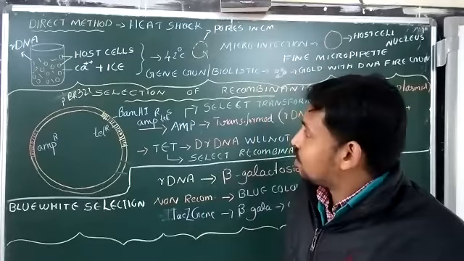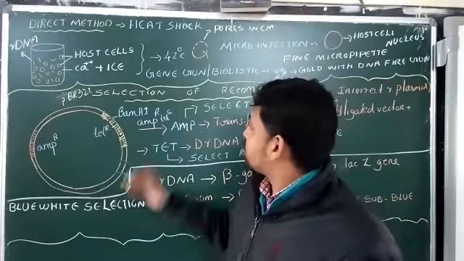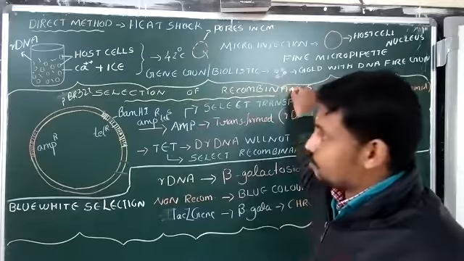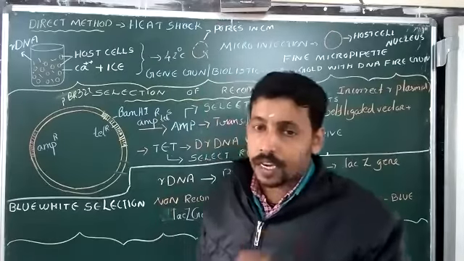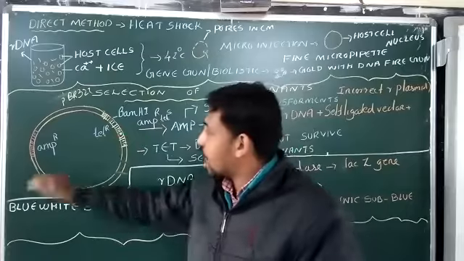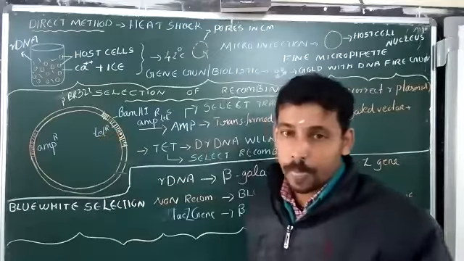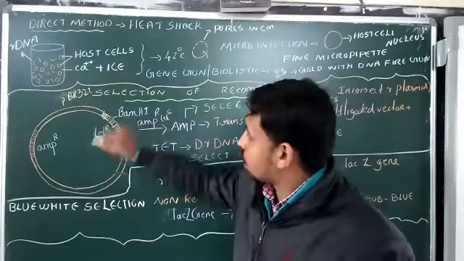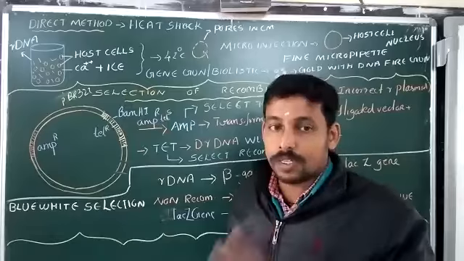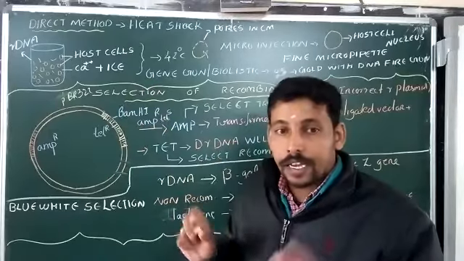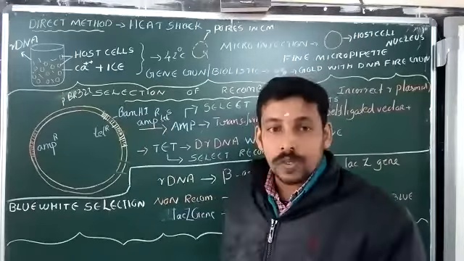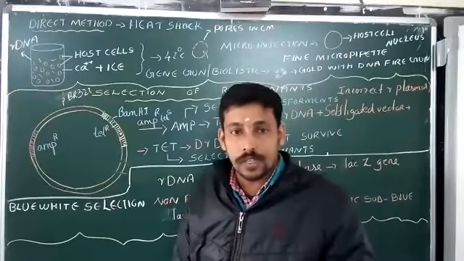Understand? So here I told you about the selection of recombinants by using antibiotic resistance. We are taking two antibiotics, ampicillin and tetracycline. In this tetracycline site, BamHI enzyme is there. It will cut there, and we are ligating a foreign DNA here, so that it will lose the tetracycline resistance.